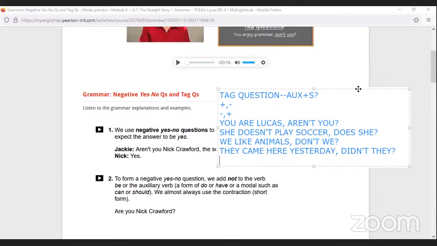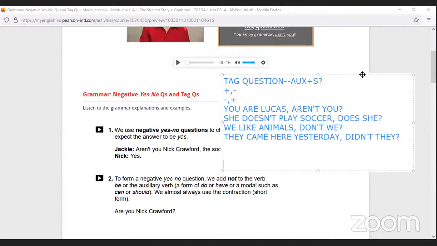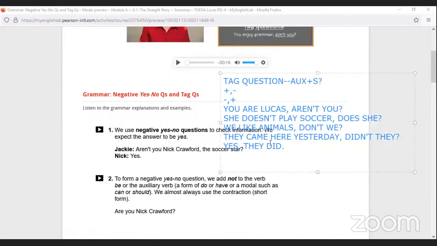And now we're going to see the others. If we have tag questions, we can answer. They came here yesterday, didn't they? If they came, my answer is going to be yes, they did. So I can answer with yes or no.